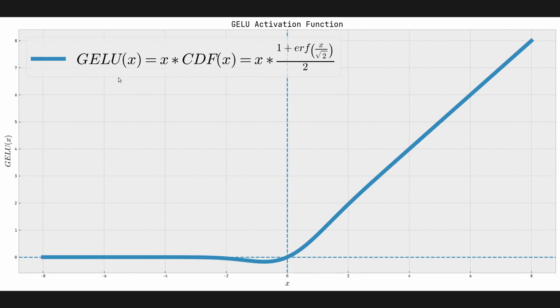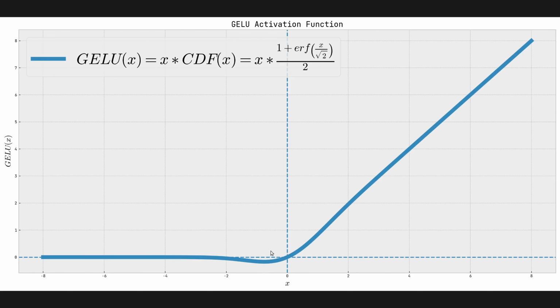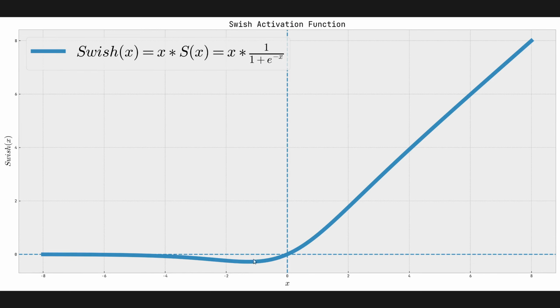So to draw one more parallel with GeLU, of course they are very similar, but I want to also emphasize the fact that this dip here is larger. Swish allows for more negative inputs to be activated in a way that they're not mapped to 0, right?